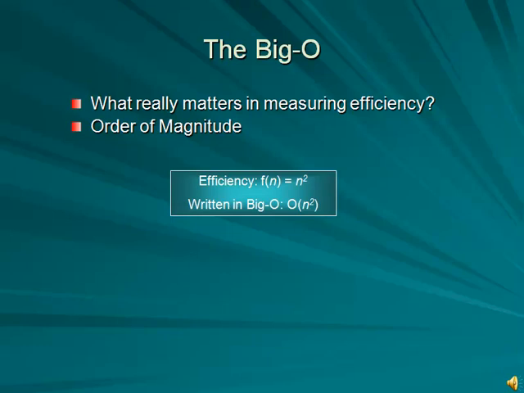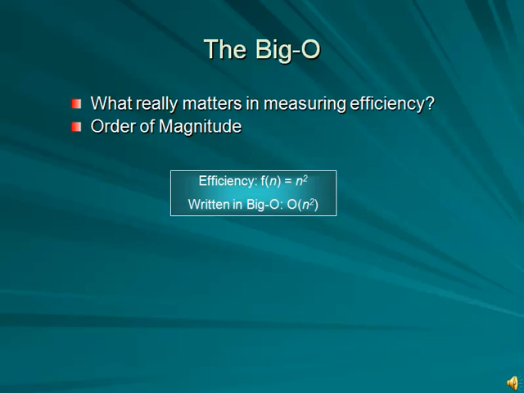This is where the big O comes in, because big O is a tool we can use to compare different algorithms, which may have significant complexity. What we want to do is distill that complexity to the simplest expression of efficiency, to find out what really matters in measuring efficiency.